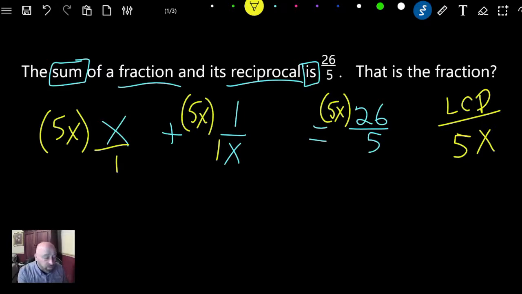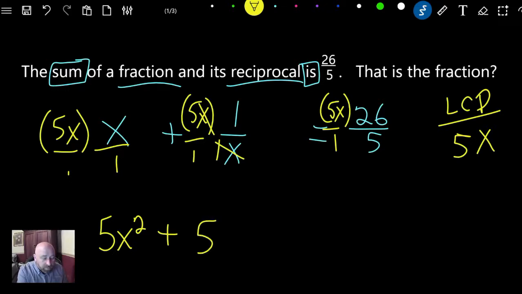So let's just go through and do that. What is 5x? These are all fractions, right? So we can't really do anything, so that's going to give you 5x squared. 5x squared plus, the x's are going to cancel here, and we're going to get 5 times 1. We're going to get 5, and that's going to equal, and the 5's are going to cancel here, and we're going to get 26x.